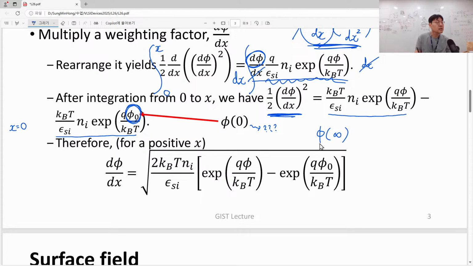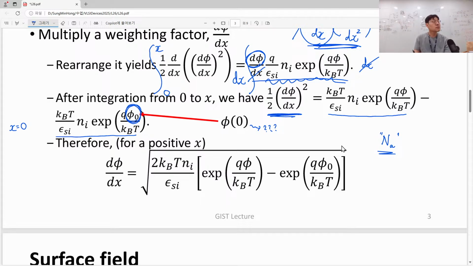However, in this case, the condition at x equal to infinity can be easily obtained since we have a certain p-type acceptor density, and from that one we can easily recover this quantity.